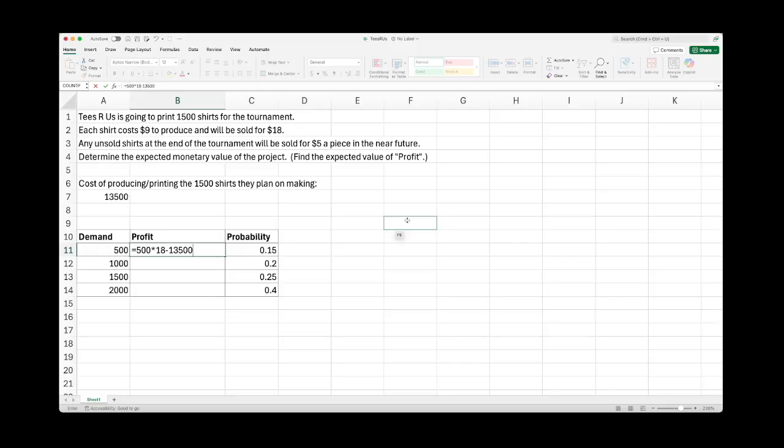So that means that we have to subtract that $13,500. But we will also have some shirts left over. If the demand was only 500 and we printed 1,500, we will have 1,000 shirts left over that we can sell in the future for $5 a piece to kind of recoup some of that money. So in this situation, our profit would be $500.